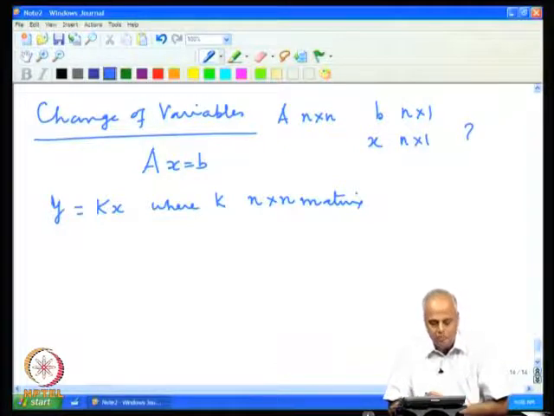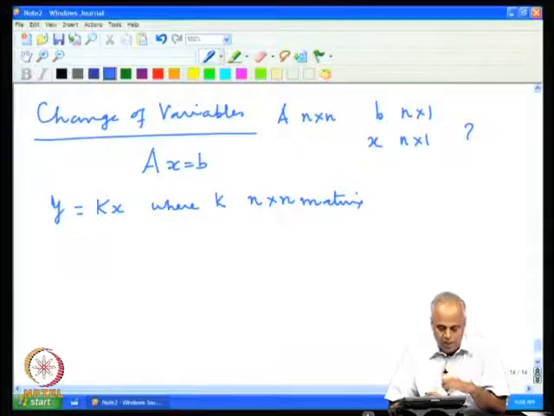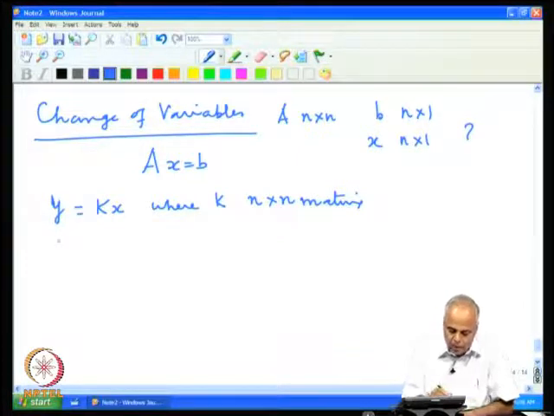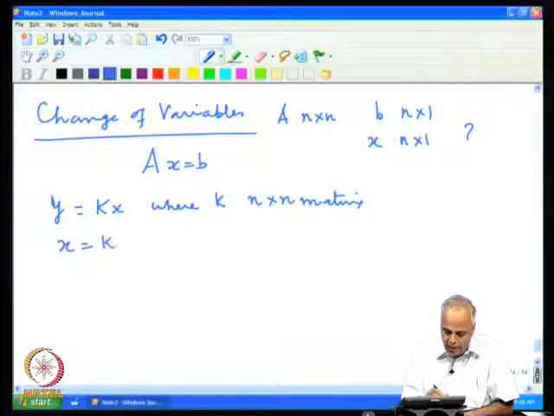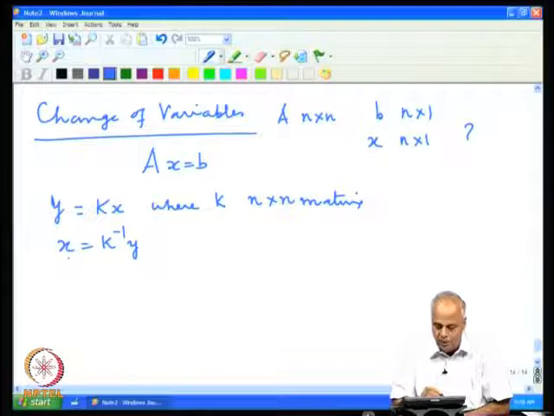Now, what is the idea? The idea is we would somehow try to get an equation in y which is easy to solve. If I know y, I can find x. How do I know x from y? Well, I would be able to write x equal to k inverse y, provided k is an invertible matrix.